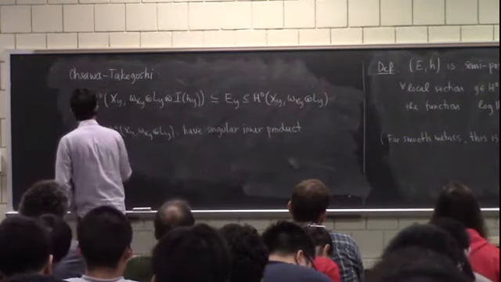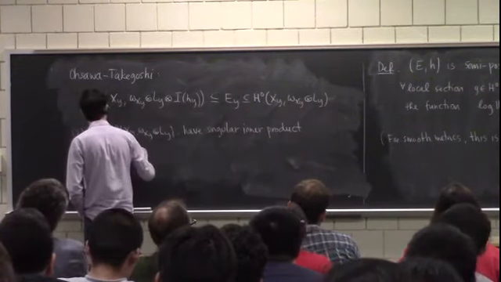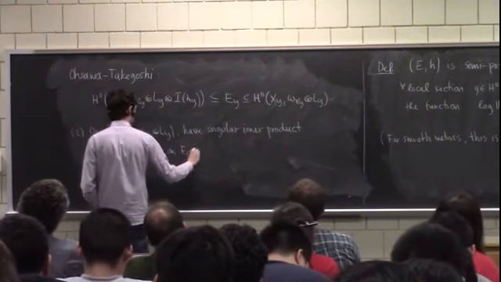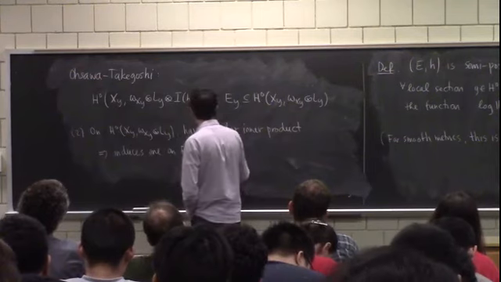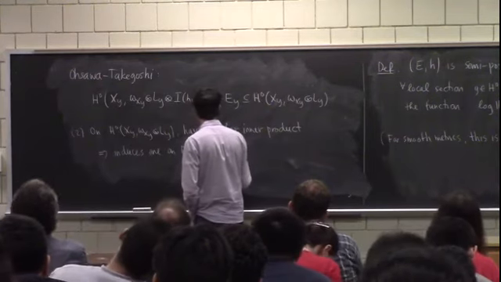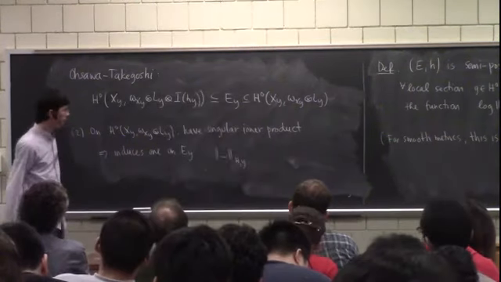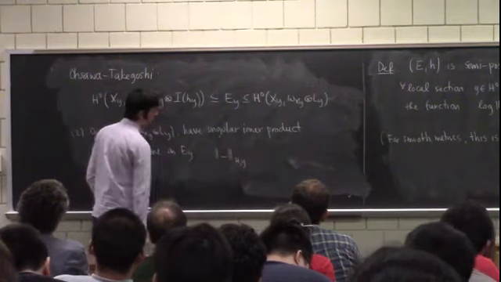And so this will induce one on this subspace. So maybe I'll call this, and I need to put some notation for it, with an uppercase H. Okay, so I'll use this uppercase H notation.